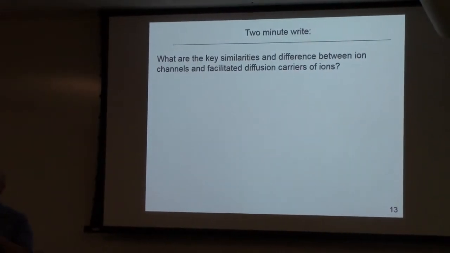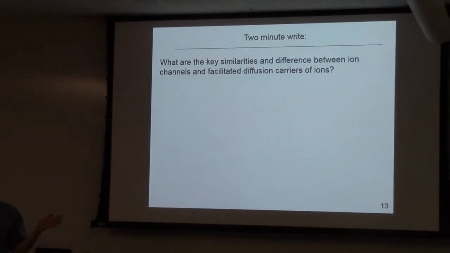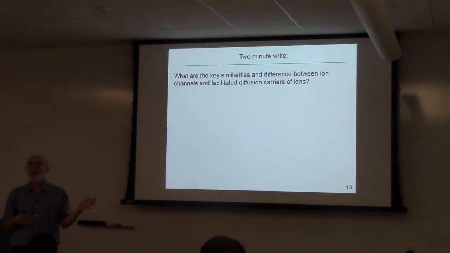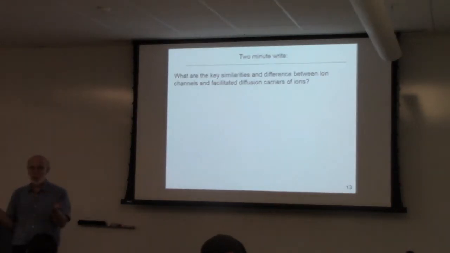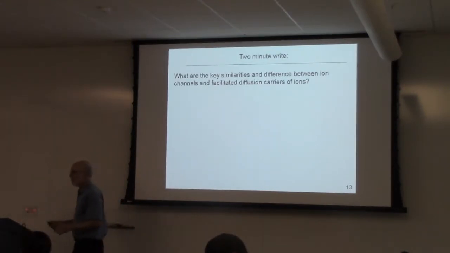So for example, if you say, well, voltage-gated calcium channels carry calcium and uniporters carry glucose, that's not strictly a true answer because uniporters carry a lot more than just glucose. So don't get too specific. Think about the general truths of the similarities and differences between these two classes of carriers, channels and uniport transporters. Let's take a couple minutes, and then we'll talk.